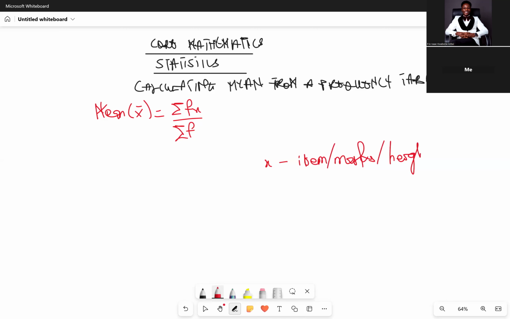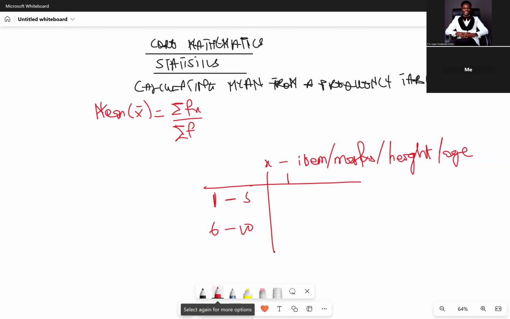You've been solving questions around that. But if it's that kind of distribution table where you have 1 to 5, 6 to 10, and stuff like that, then x will stand for the midpoint. You have to find the midpoint of the interval and use that as your x.